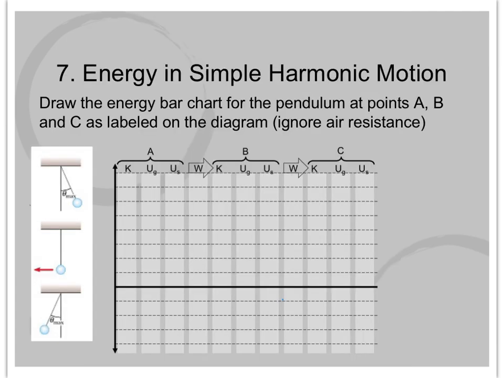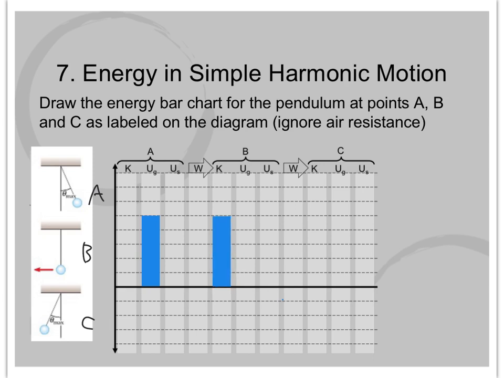So we're going to take a look at the pendulum in positions A, B, and C that we saw on the previous page, and we're going to complete the energy bar chart for the pendulum in those positions. As we said, it starts with all gravitational potential energy. That gravitational potential energy is then converted into kinetic at point B, so we'll put our bar there for point B as all kinetic energy.